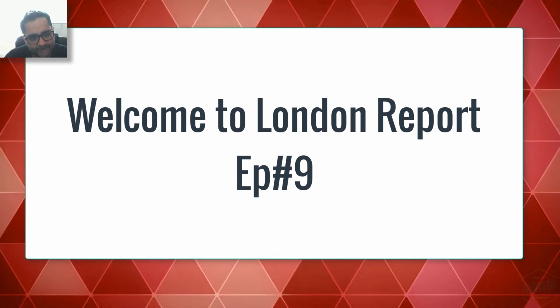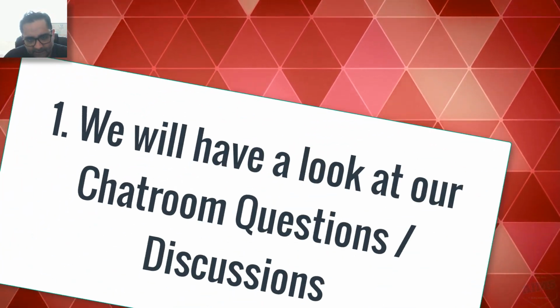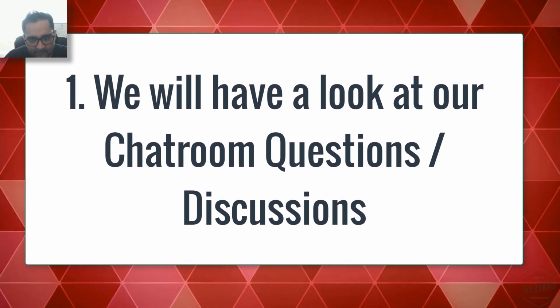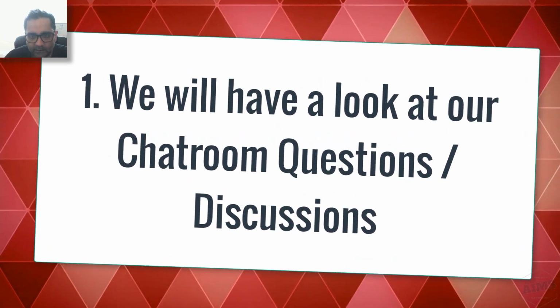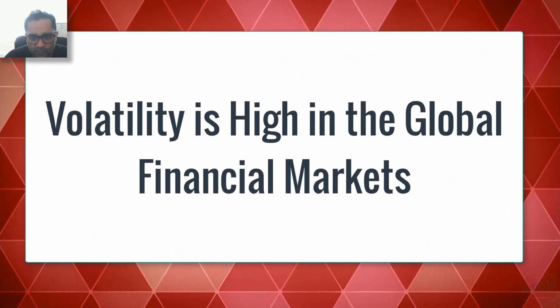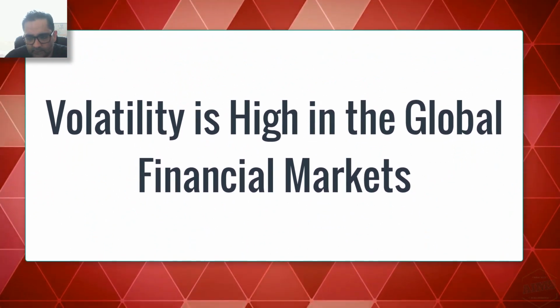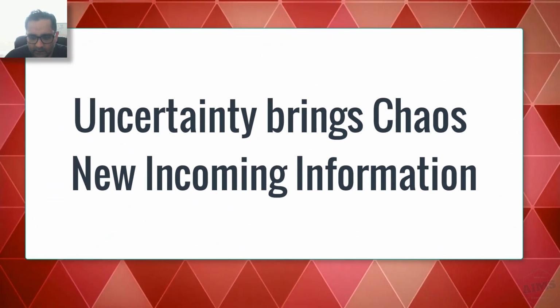Let's do another one. Some interesting chat today, so I thought I will talk about that and a little bit about how the market opened today. So we know that the global financial markets are having very high volatility because of all the news.